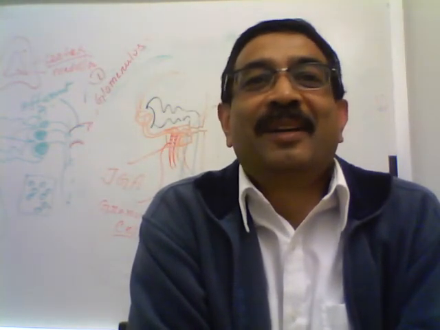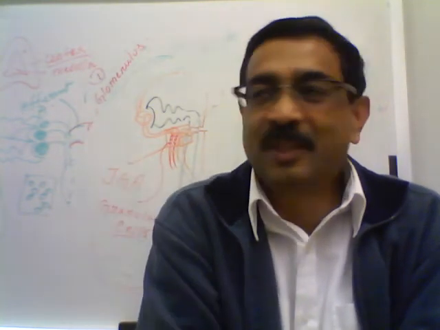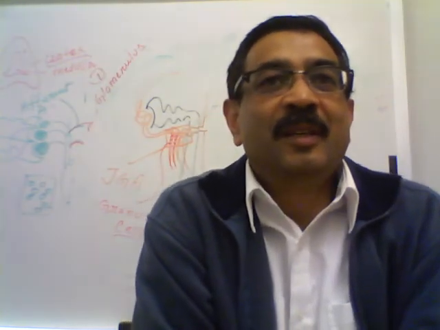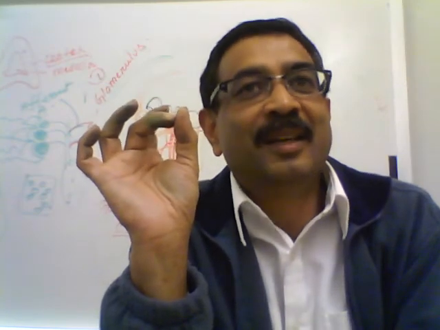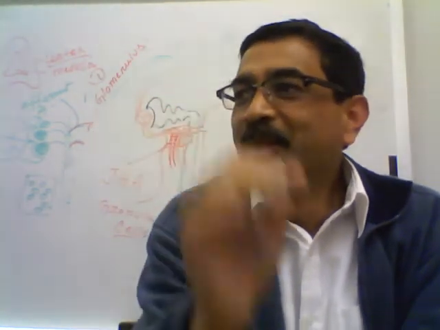You remember when I talked about the functions of the kidneys at the very first part of my lecture? I said the endocrine function of the kidney, it produces two chemicals. One is renin, another is erythropoietin. Do you remember that? Yes. Okay.